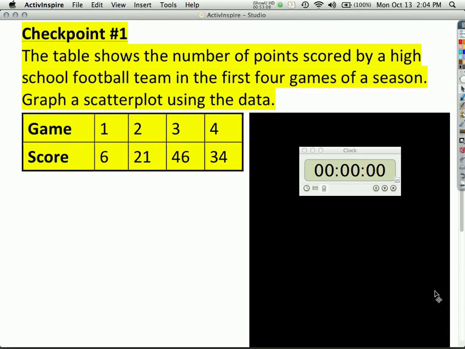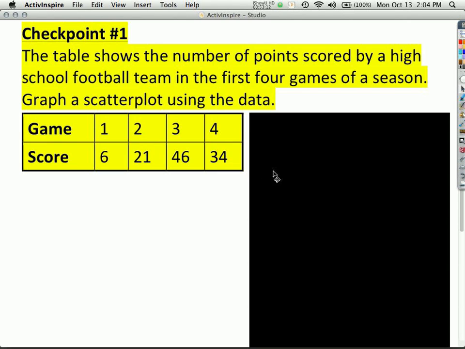Again, not too conducive to sharing out, so I'm just going to reveal the graph.